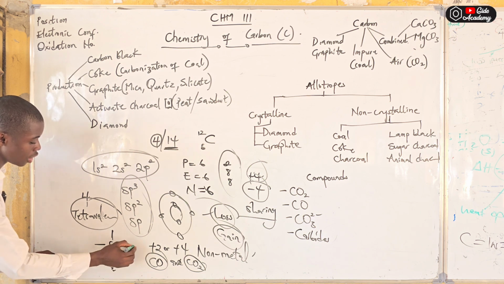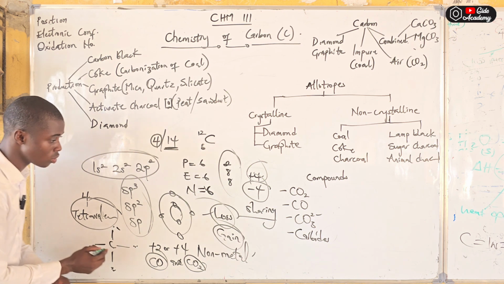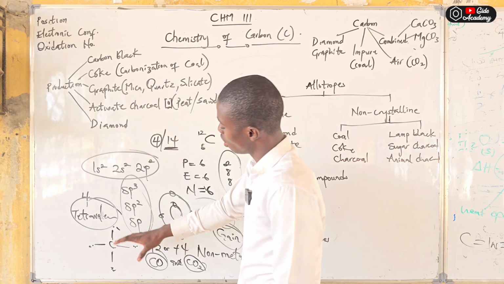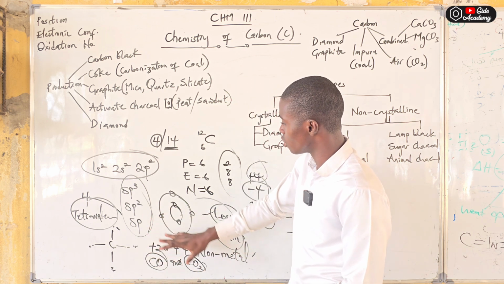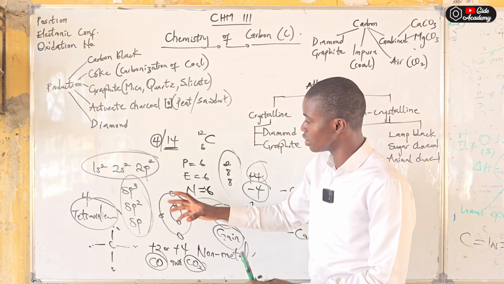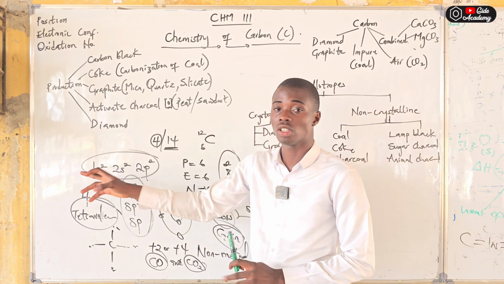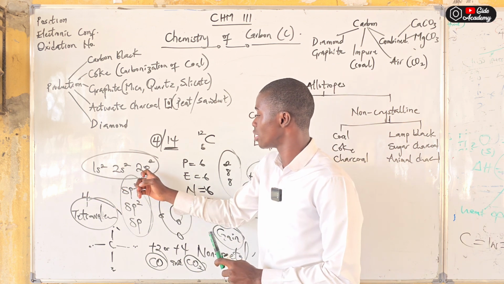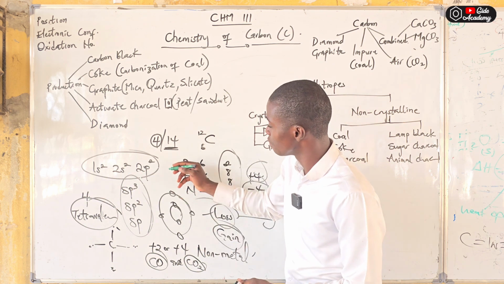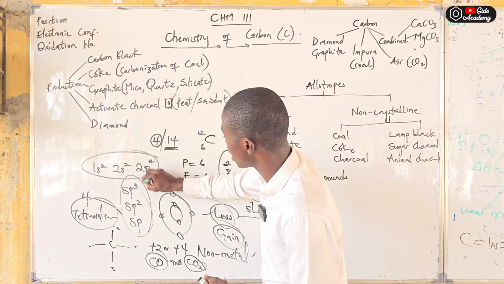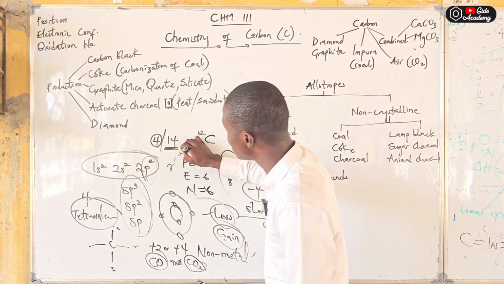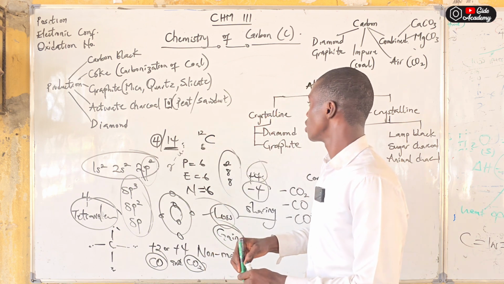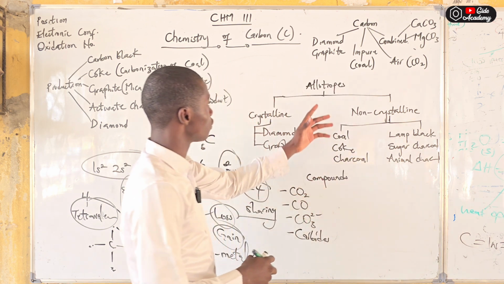One atom will be here, one here, one here, one here. That's how the structure of carbon looks. This is the electronic configuration of carbon. Another question that might come from this is how many unpaired electrons the electronic configuration of carbon has. As long as it is 2p2, it has 2 unpaired electrons.